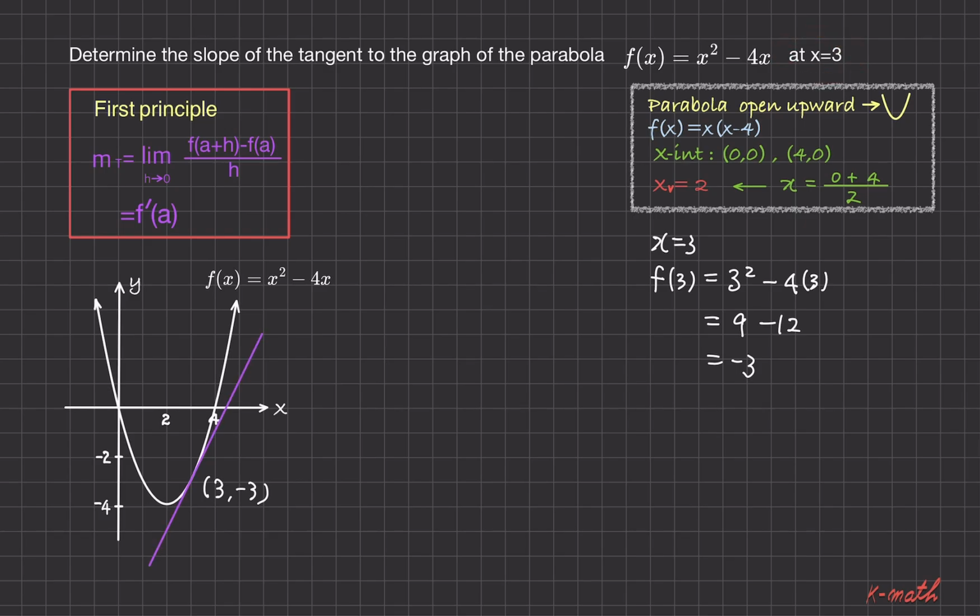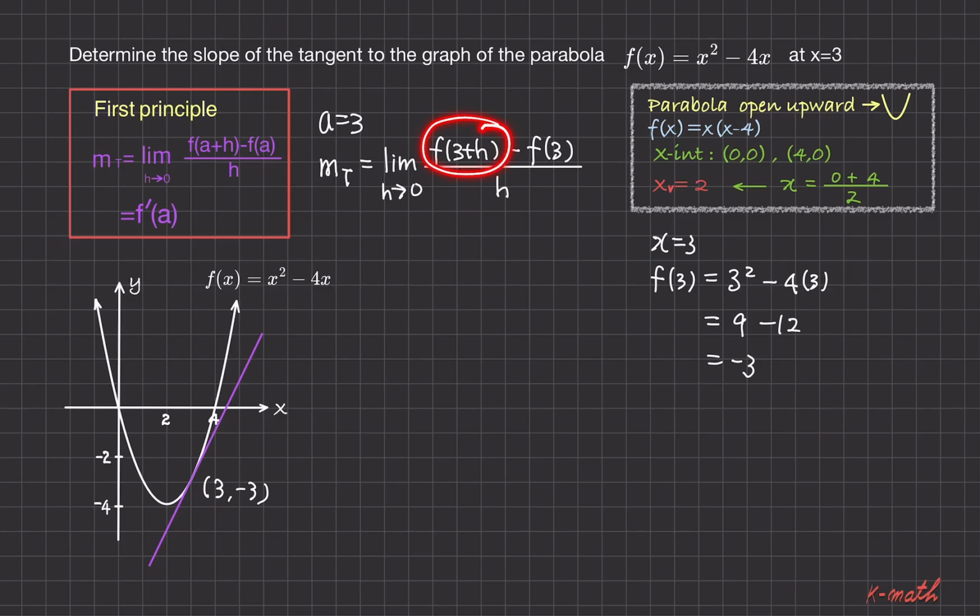In this question, a equals 3. So, the slope of the tangent line is limit as h approaches 0, f of 3 plus h minus f of 3 divided by h.